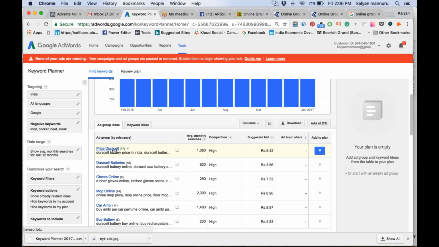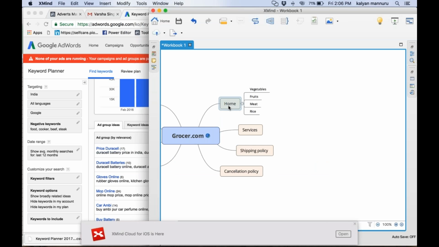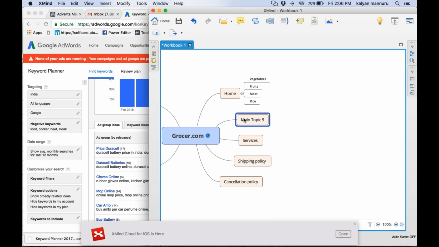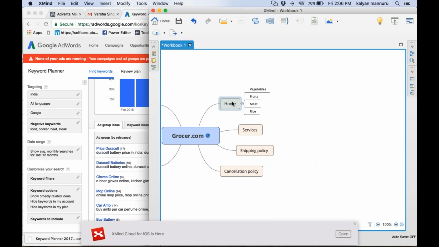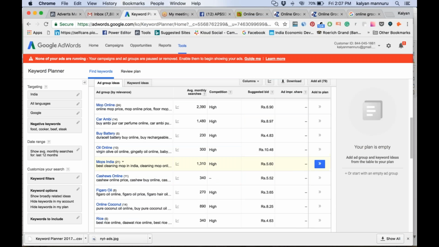When we understood that Duracell price is being searched 1080 times, make sure you have a page anywhere in your planning. Let's say I also have one more category, that is selling cashews online. There are 340 searches. Anyway the searches are happening and your competitor is receiving traffic.